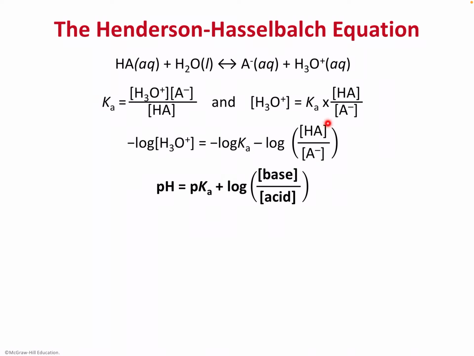So this is acid over base, and when you make it positive, it becomes, sorry, base over acid. I switched it again. Base over acid. So basically, for the Henderson-Hasselbalch equation, you can remember pH equals pKa plus log base over acid.